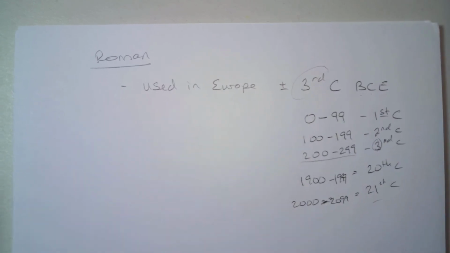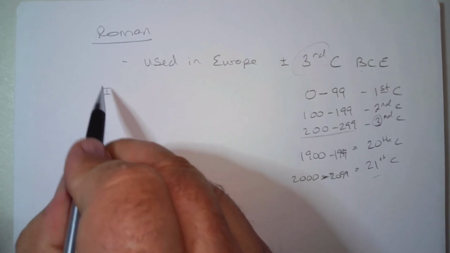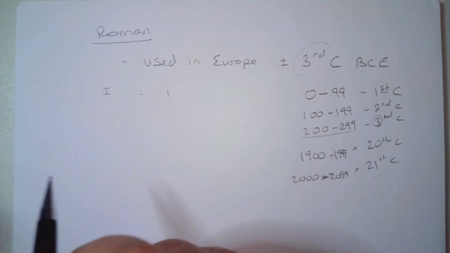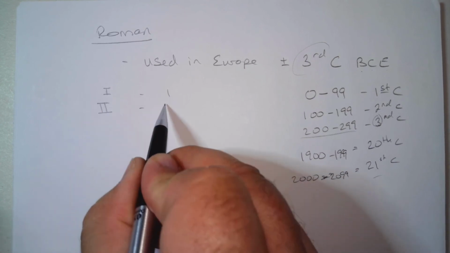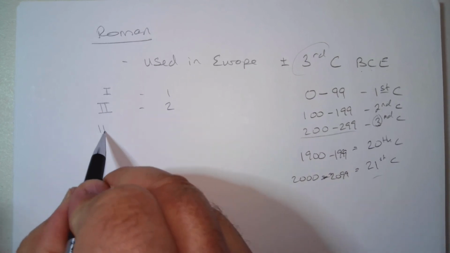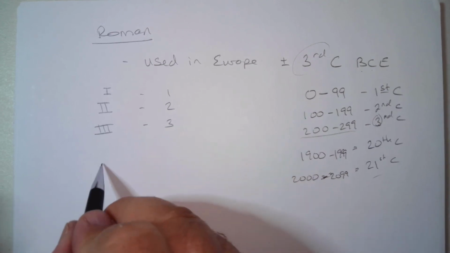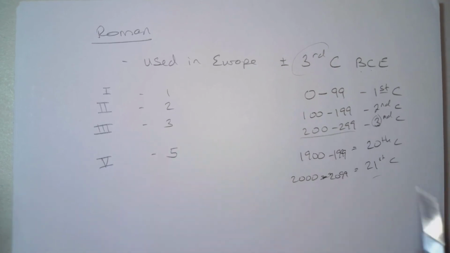And in the Roman numeral system, they're more formalized. So a 1 is represented by a single dash, the line. 2 of them is 2. 3 of them is 3. And a V represents 5.